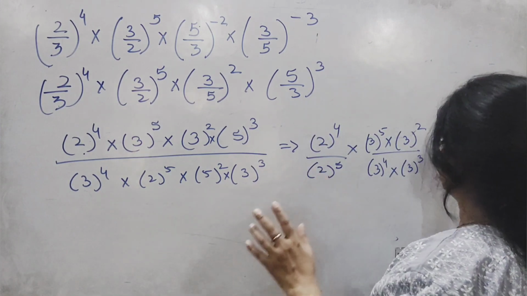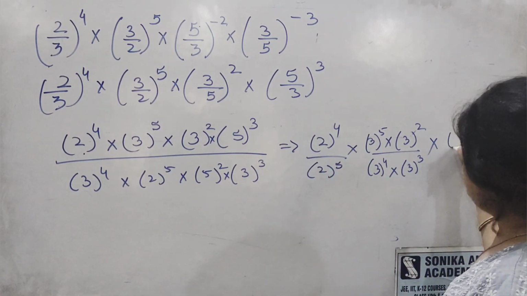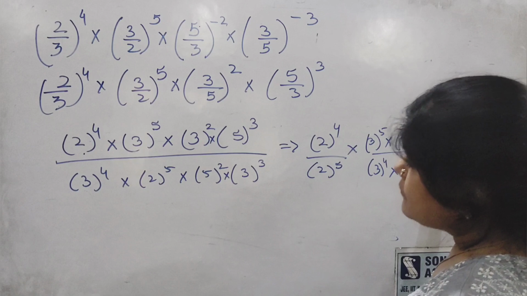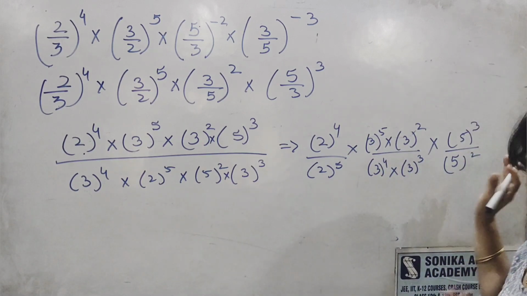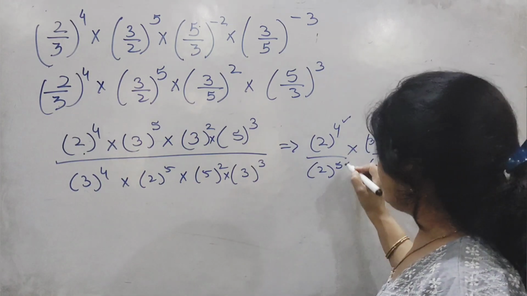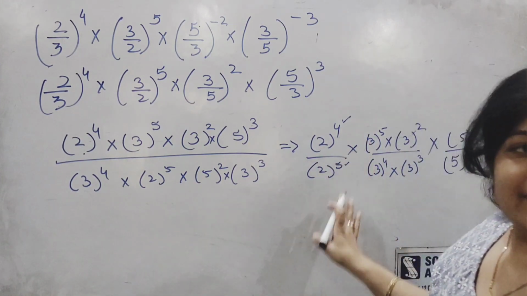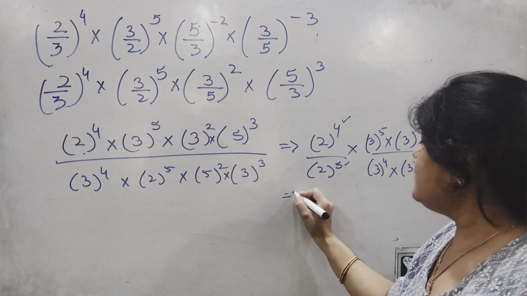Clear? Then 5: 5 to the power 3, 5 to the power 2. Done? Now, this is 4, this is 5, so 4 powers are cancelled. 4 minus 5 is 1, so we get 1 by 2.